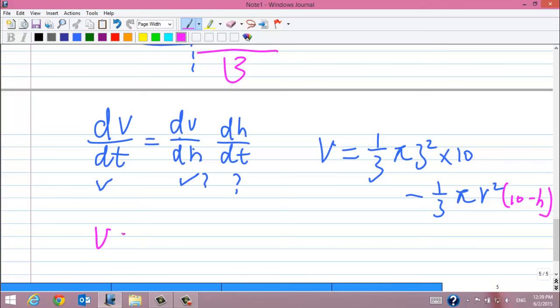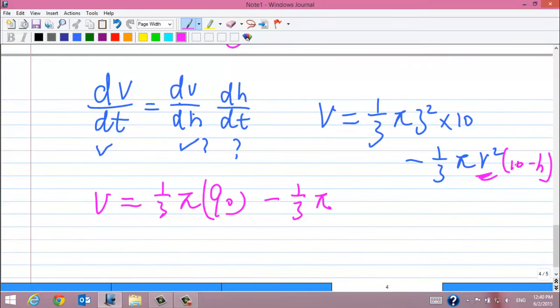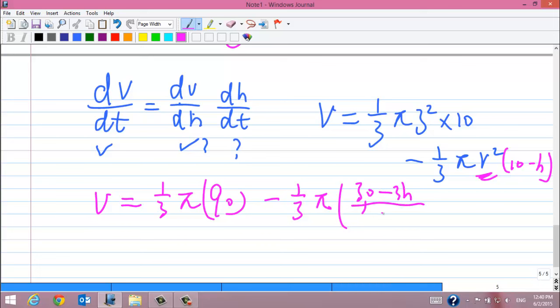So you can write V equal to 1/3 pi 90 minus the small cone. I will write in terms of h only, so this r we will write in h only. It's going to be (30 minus 3h) over 10, squared, times (10 minus h).